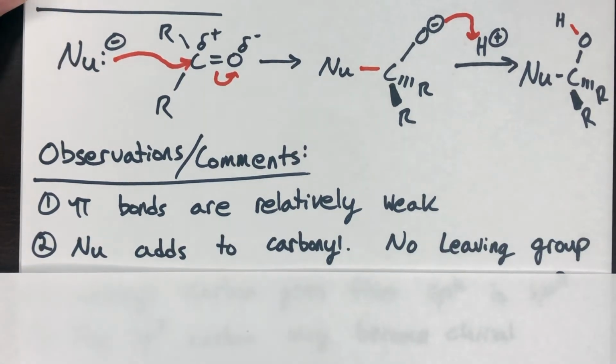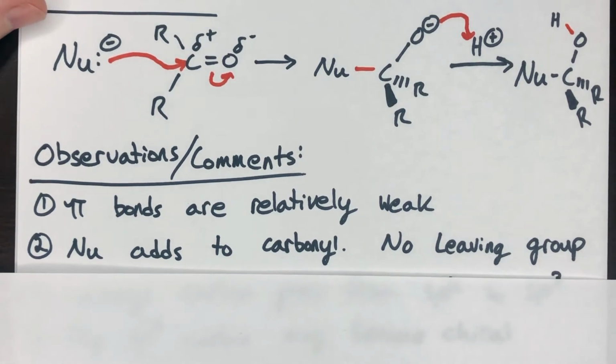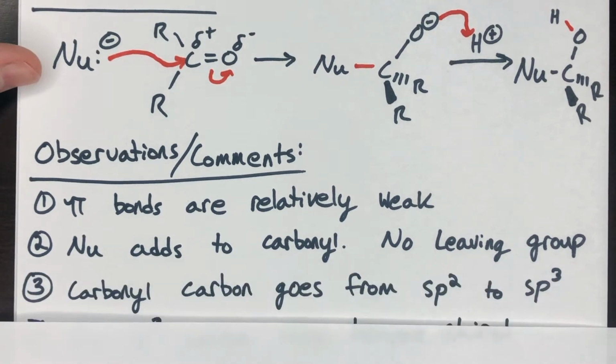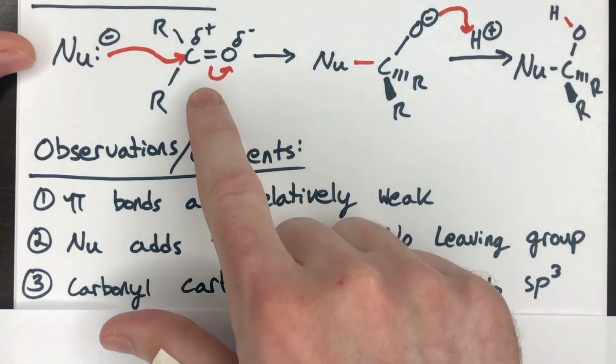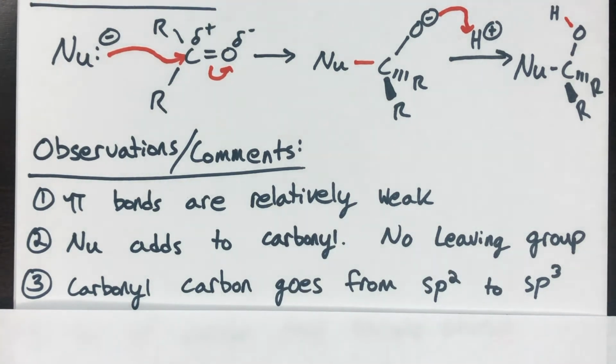Secondly, when the nucleophile adds to the carbonyl, again, based on what I was just saying with the pi bond, it's not like a substitution reaction, there's no real leaving group, it's just the pi bond is breaking, and in place of that pi bond is the new bond between the carbon and whatever your nucleophile is. Thirdly, the carbonyl carbon's hybridization changes. It goes from sp2 in this planar geometry with 3 electron groups, and it goes to sp3 in this tetrahedral shape in both the intermediate and the product.